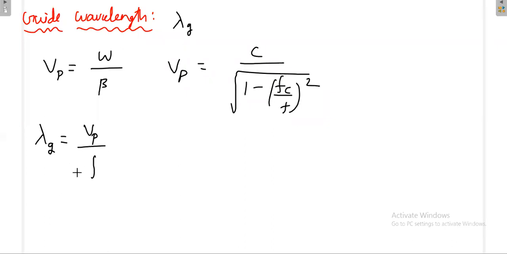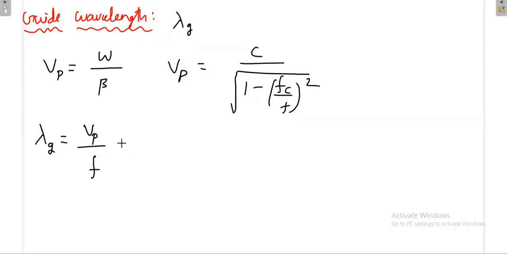Guide wavelength is related to the phase velocity, Vp divided by f. In general, lambda is equal to C by f, but you are in a waveguide. That's why I am using the velocity in the waveguide, that is Vp.